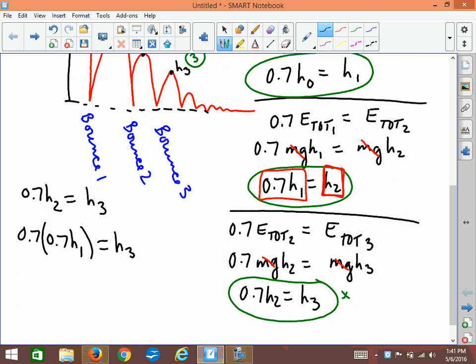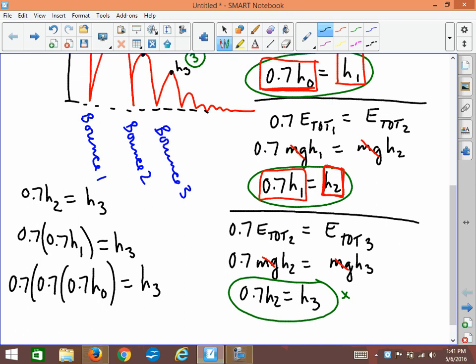So the substitution, very straightforward. But h1 is equal to 0.7 of h0. So I can substitute this for h1. So then I would get 0.7 and 0.7, and then substitute 0.7h0 for h1 equals h3.